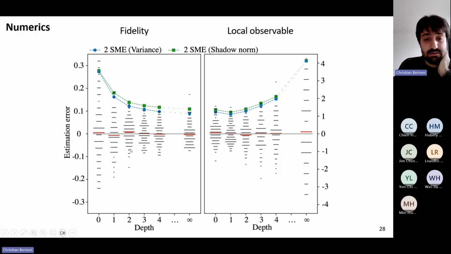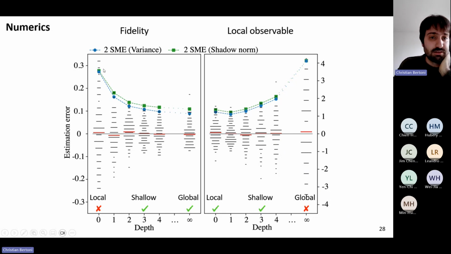and the right panel is where we try to estimate local observables. Depth 0 is the local shadows, depth infinity is the global shadows, and we can see that the global shadows are good at estimating the fidelity, but bad at estimating the local observables, as expected. Vice versa, the local shadows are good at estimating the local observables, but bad at estimating the fidelity.